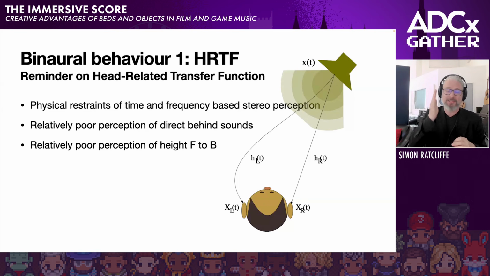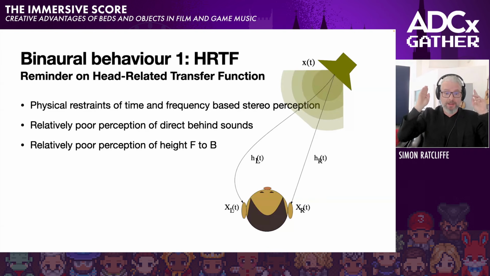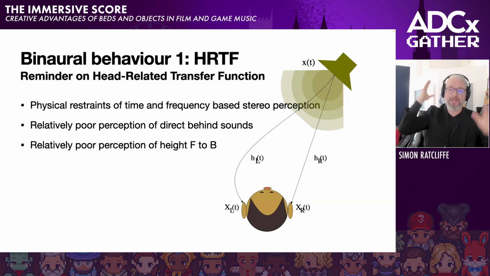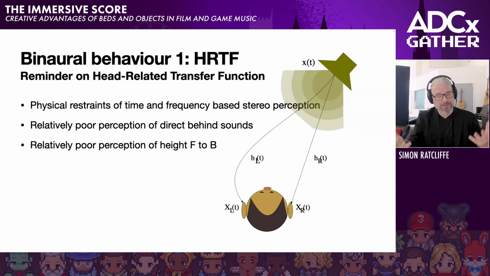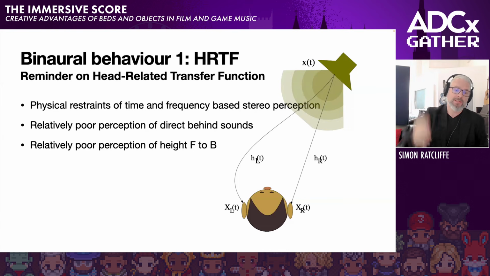On headphones, it really, honestly, often sounds like it's in the front, but just with the high frequency roll off because of the transfer function of the EQ. And then, of course, relatively poor perception of height and front to back. Again, with speakers, you can kind of get away with it, but there is actually very limited precedence effect on overhead. We have not evolved in such a way that we really rely on what's happening above us in terms of sound.